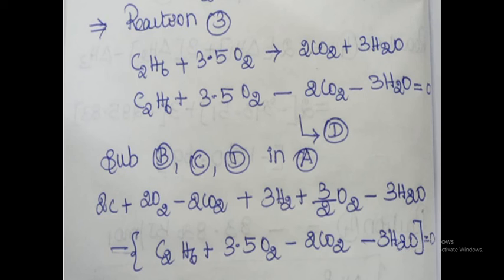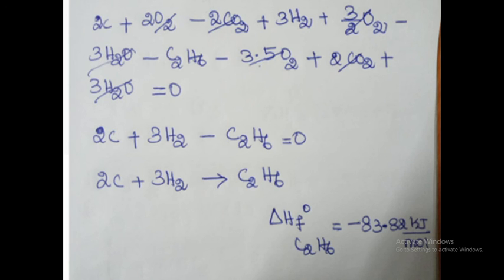Finally we get 2C plus 2O2 minus 2CO2 plus 3H2 plus 3 by 2 O2 minus 3H2O minus the third expression, C2H6 plus 3.5 O2 minus 2CO2 minus 3H2O, is equal to 0. Which ones cancel here? Oxygen: 2O2 plus 3 by 2 O2, then minus 3.5 O2. The oxygens are cancelled.